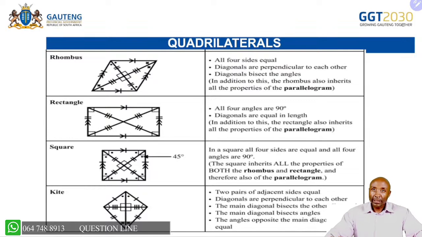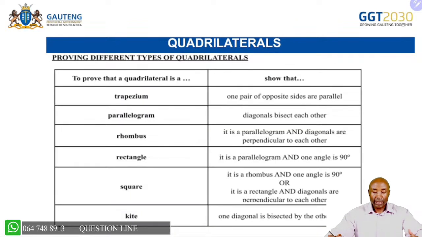In a rectangle, the diagonals also bisect each other, but the diagonals are equal in length, whereas in a parallelogram, they are not equal in length. So these are the things that we must familiarize ourselves with and make sure that we know these properties by heart. I will move on and just give you the hints of how you are supposed to prove.